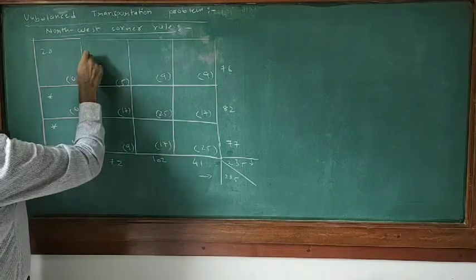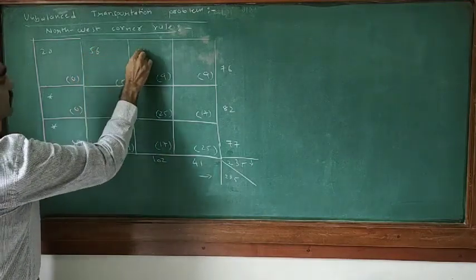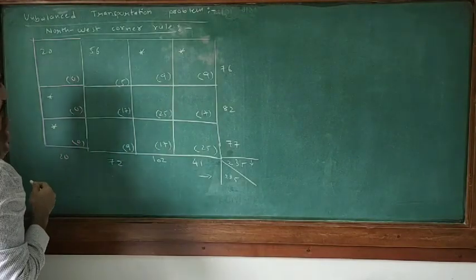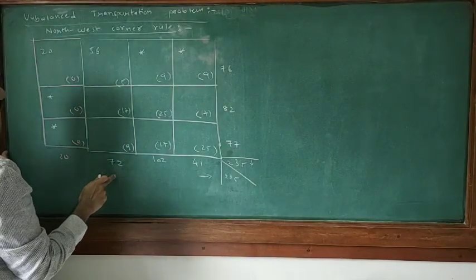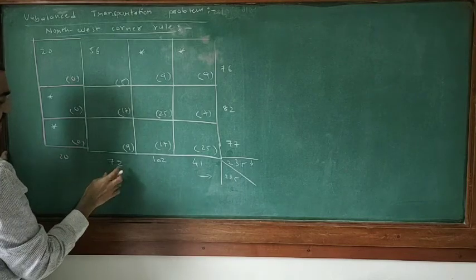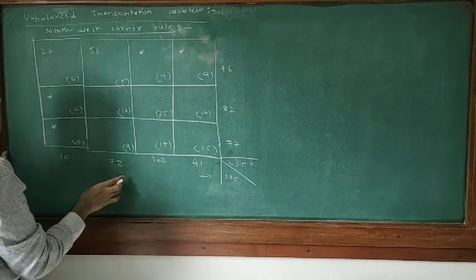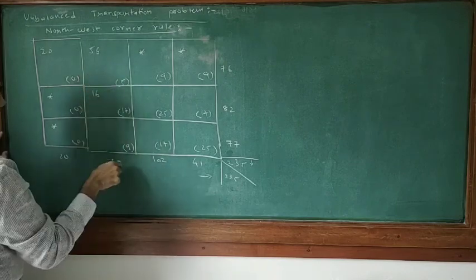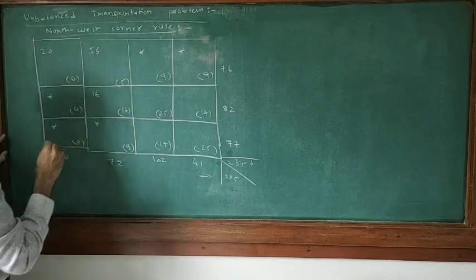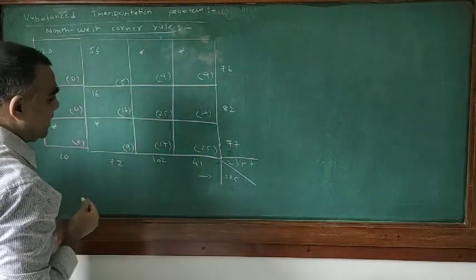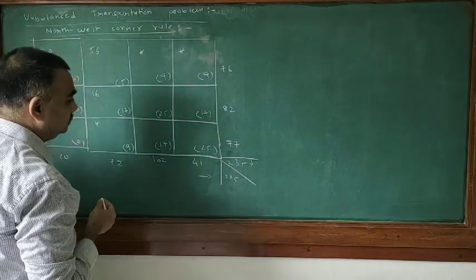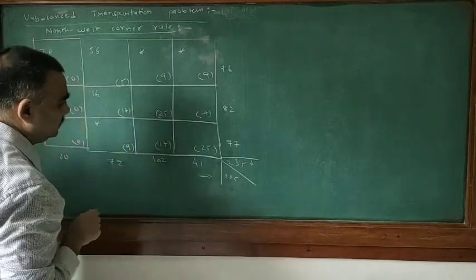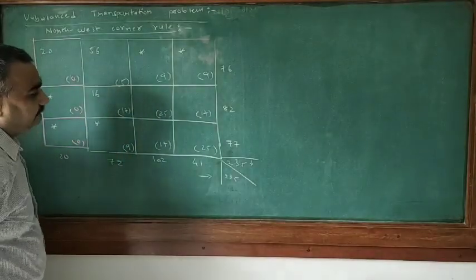Now 56 remain, and therefore 16, 4 and 16. This is 10. Now here it is 82, means we have to pass how much?